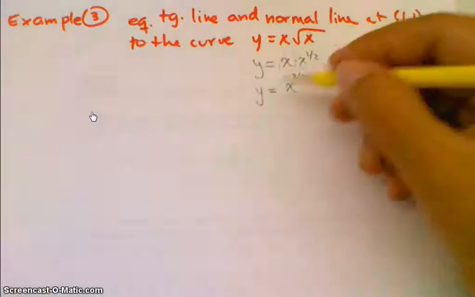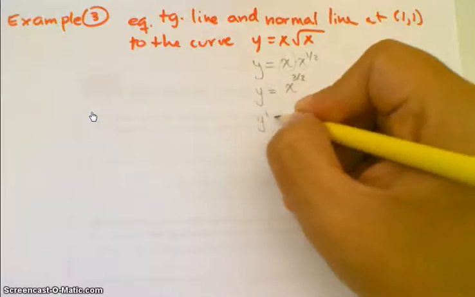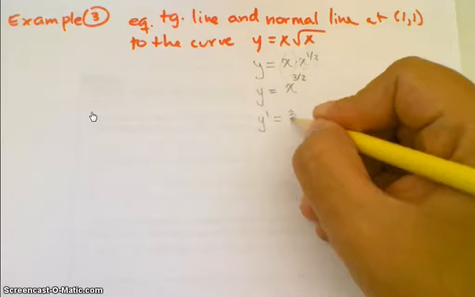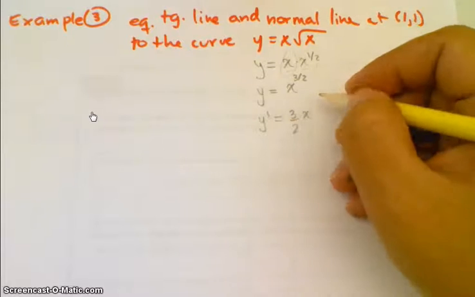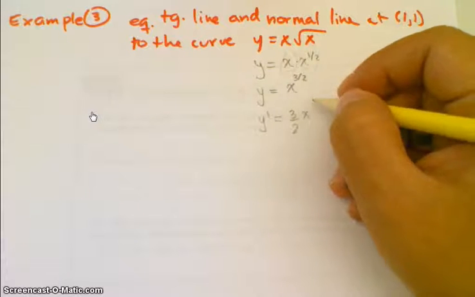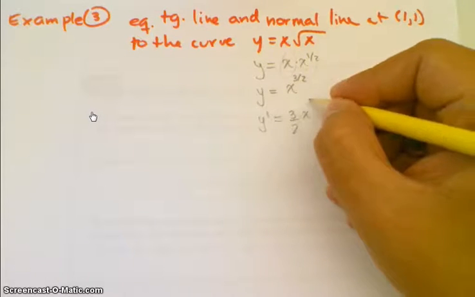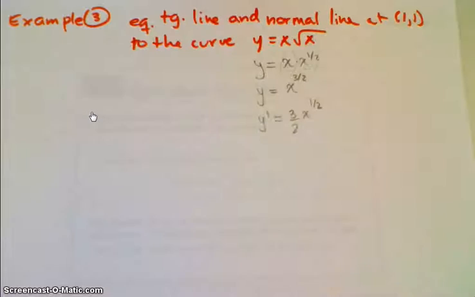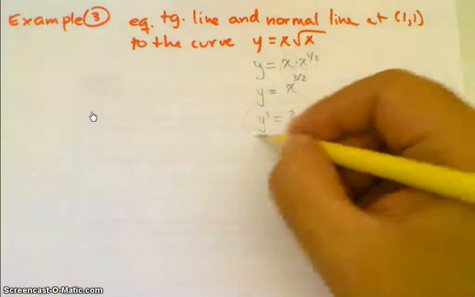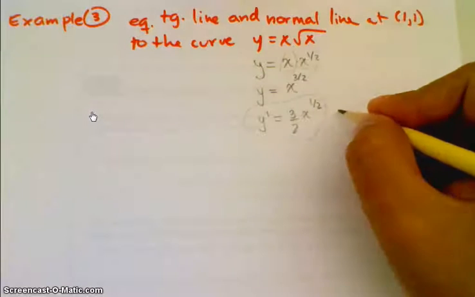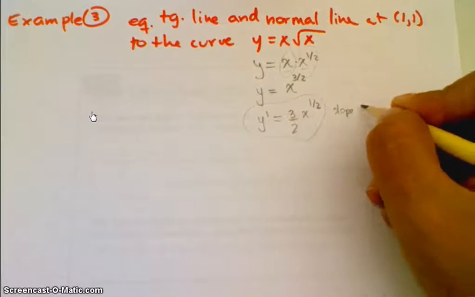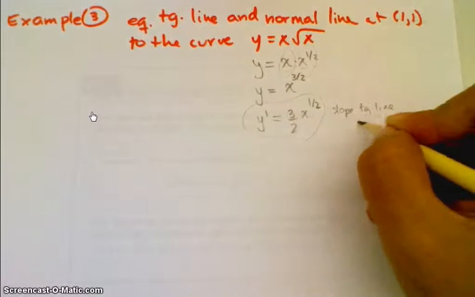And again, I already found what the derivative of this is. Y prime is 3/2 of x to the 1 minus 1, that would be 1/2. Okay, so this is the value of the derivative, the value of the slope of the tangent line for any x.